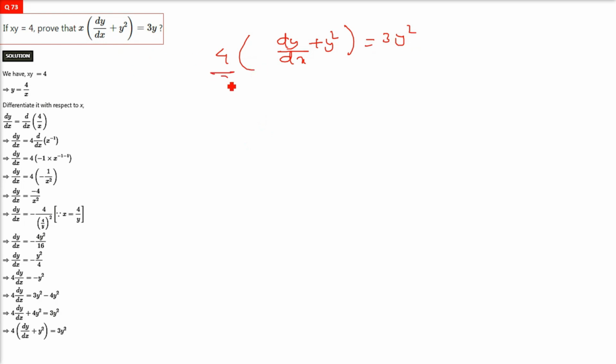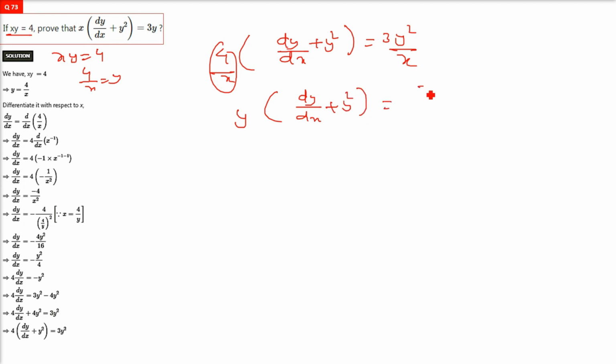Still we need some more work. So we divide both sides by x now. And what is xy equals 4? 4 by x is y. So in place of this you can write y. So y dy by dx plus y squared is equal to 3y squared by x. Now you can change the position of x and y.